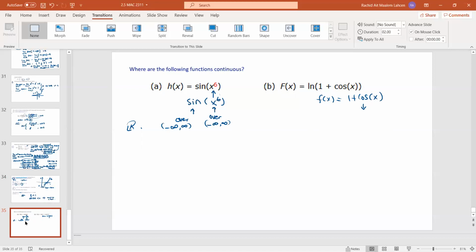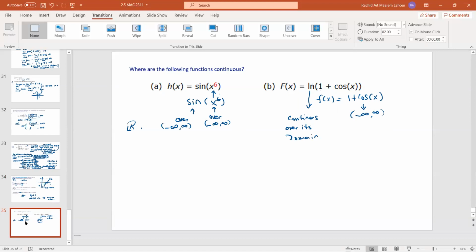It's still continuous over the x-axis. And the logarithmic function is also continuous over its domain, but its domain is positive values.